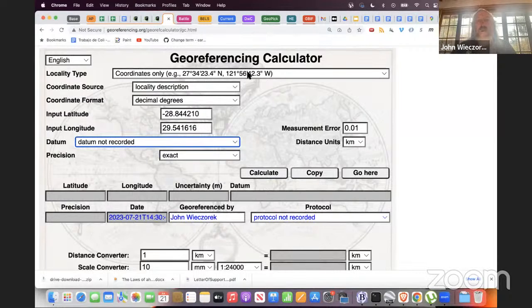In the case of the coordinates only, like this, I made no measurement whatsoever. This should be 0. And because it's 0 and it's the only thing that has distances, it doesn't matter if I pick kilometers or meters, it's all 0. And then I make my calculation. When I do so, I get the uncertainty basically due to the unknown datum. Nothing else contributes. And that value is dependent on latitude and longitude.